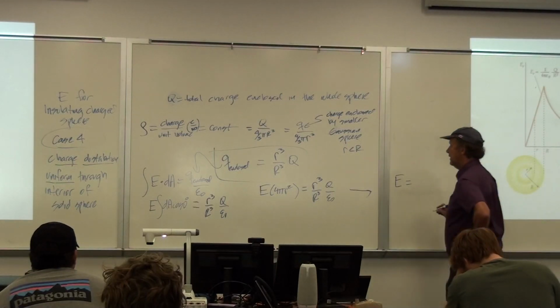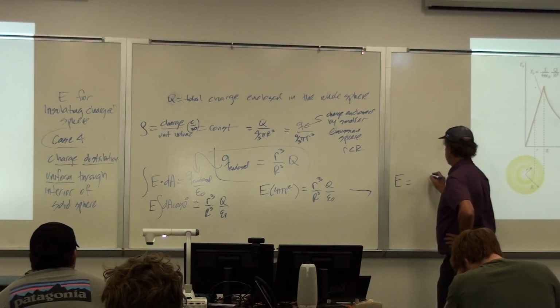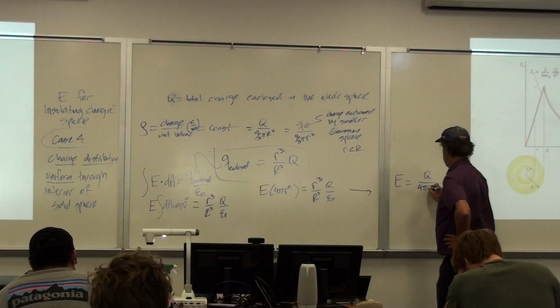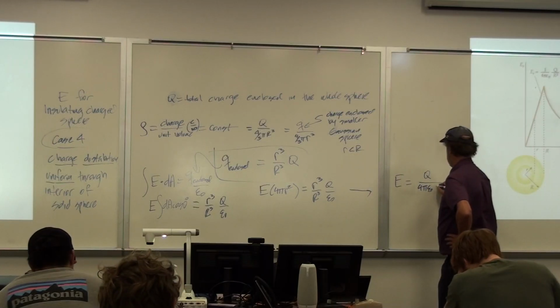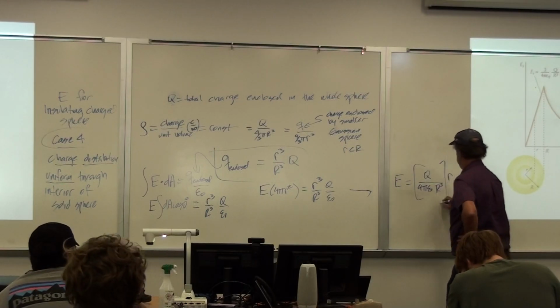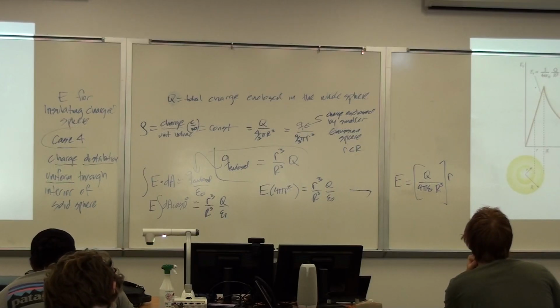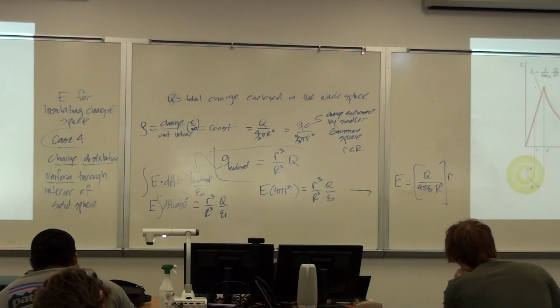So E then, when the R squareds are canceled, it's just going to be Q divided by 4 pi epsilon naught R cubed times R. It's going to look like that. And so the R value is variable.